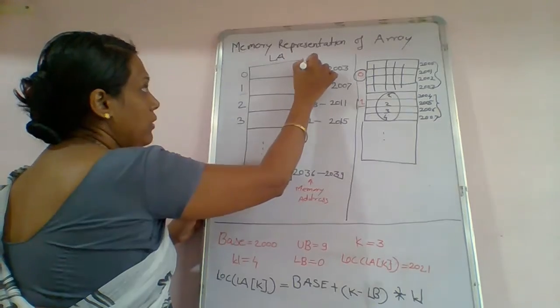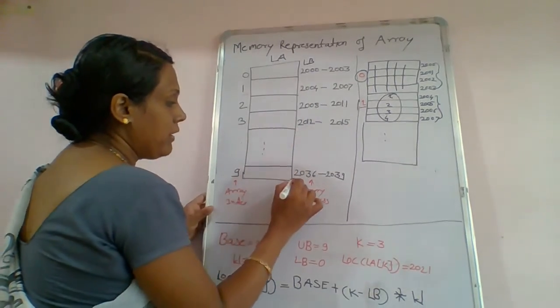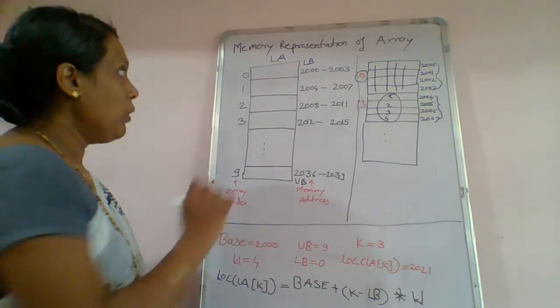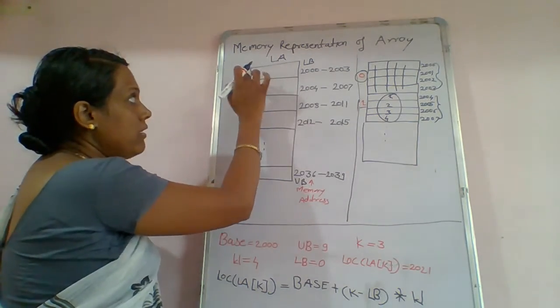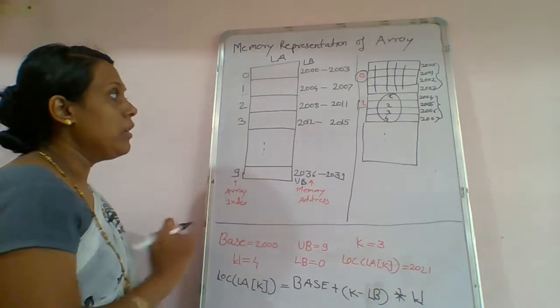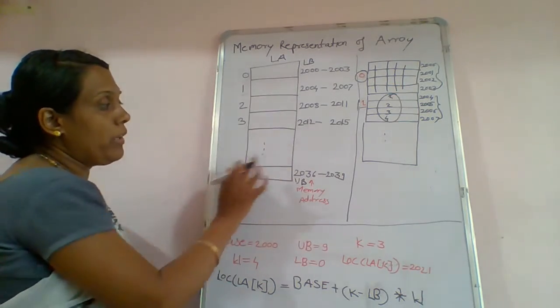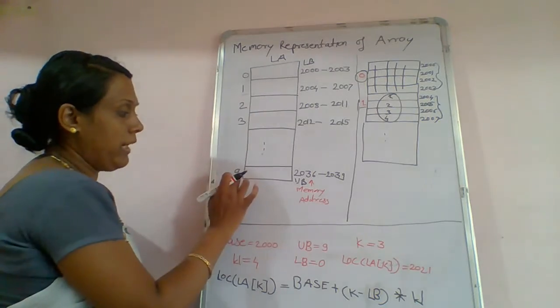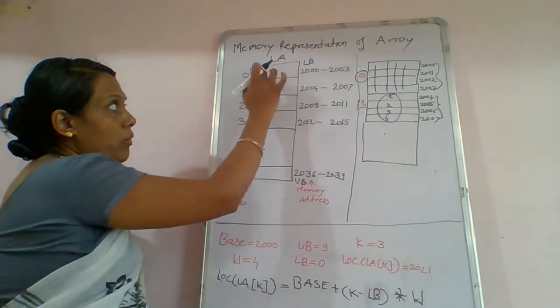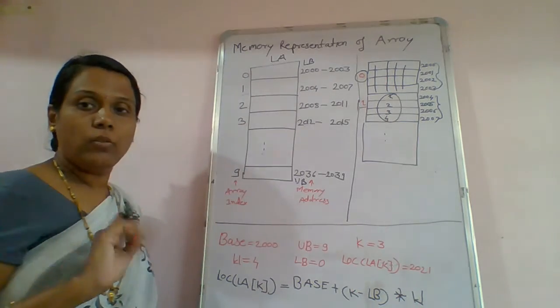The lower bound is at the 0th location and the upper bound is at the 9th location. Total how many locations are there? From 0 to 9, a total of 10. And for one location, it requires 4 bytes.